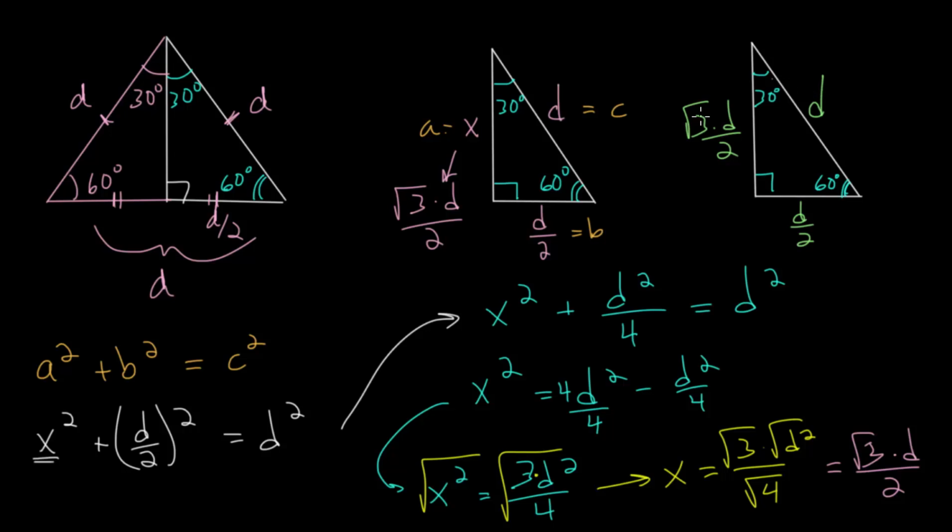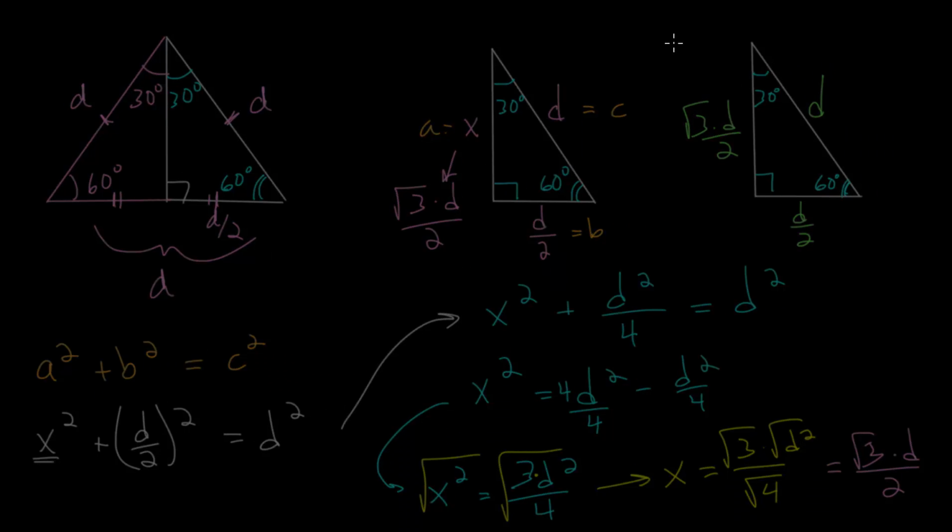So again, this is the relationship between the three side lengths in a 30, 60, 90 triangle. And we can use this relationship to find side lengths much quicker so that we don't always have to use the Pythagorean theorem. So let me show you a quick example. I'll just copy this and we can look at a blank space.